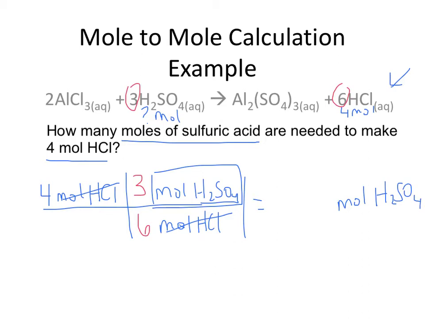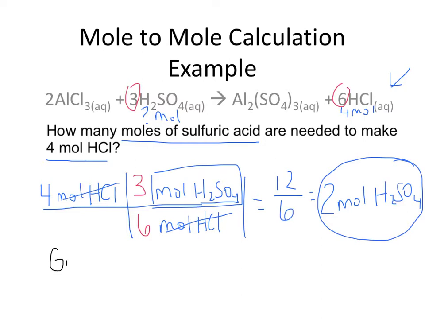So we take 4 times 3, we get 12 divided by 6, which would give us 2 moles of H2SO4 are needed in order to make 4 moles of HCl. We started with our given, which was 4 moles, and then we used our mole ratio to go from moles of HCl to moles of H2SO4.